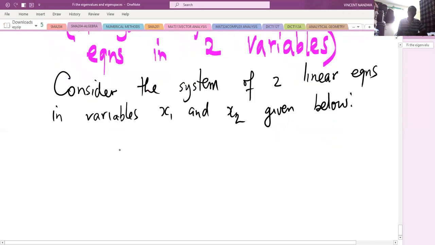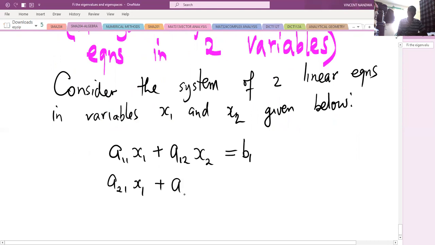So this is a system: a11 x1 plus a12 x2 equals b1, a21 x1 plus a22 x2 equals b2. Remember, this is the general way of writing a system of two linear equations in two variables, x1 and x2.